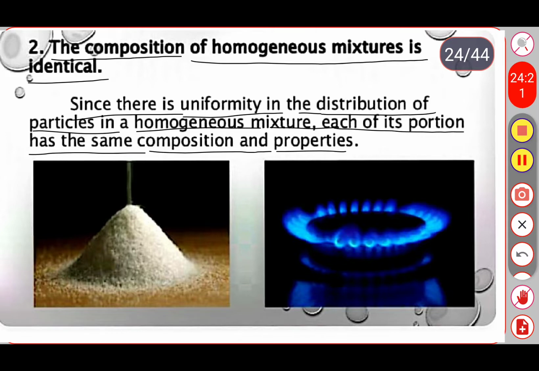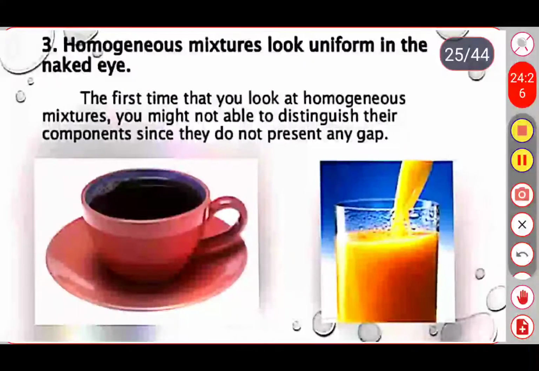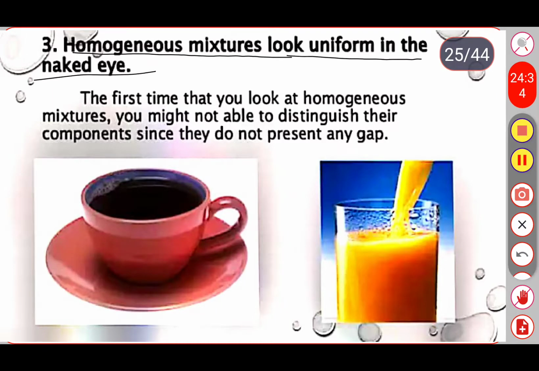See the third property of a homogeneous mixture. A homogeneous mixture looks uniform to the naked eye. When we observe a homogeneous mixture, it looks like an identical solution. Identical solution means we cannot observe different particles in the solution.